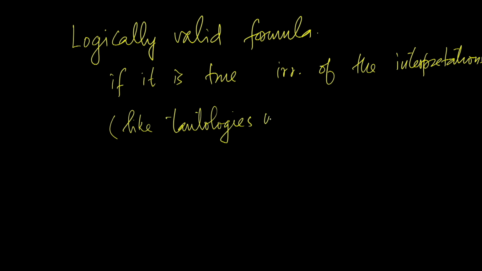Tautologies are in the context of propositional calculus. That's a formula which always evaluates to true. A logically valid formula in first order logic is similar, it always evaluates to true, irrespective of the interpretation that you place on the various symbols of the language.